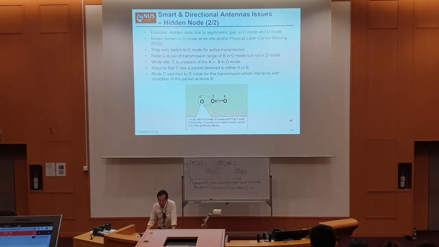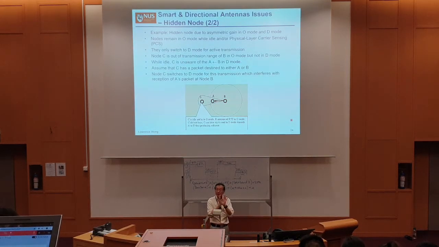What this means is this: if I go directional, I can send the signal much further because I'm directing the power. If you go in O mode, the range goes down. For the same average power, the coverage of O mode will be less than that of D mode. And that's what the diagram is showing us.